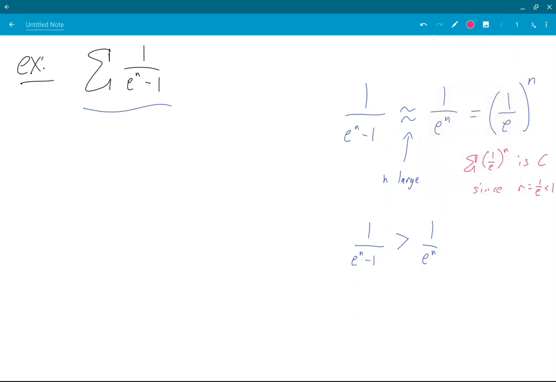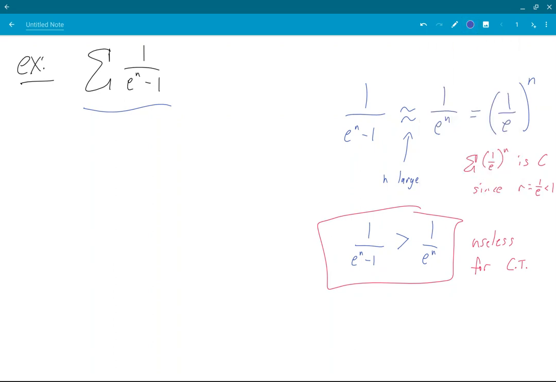That's quite unfortunate for a comparison test. So this is useless for a comparison test. If I want this to be useful, I would need the inequality to go the other way. Okay, so what am I going to do instead?